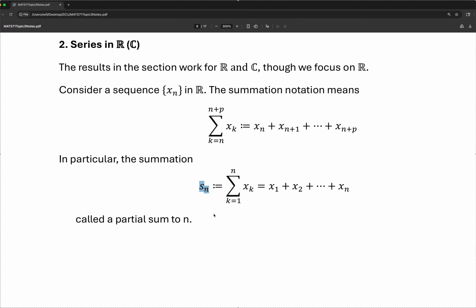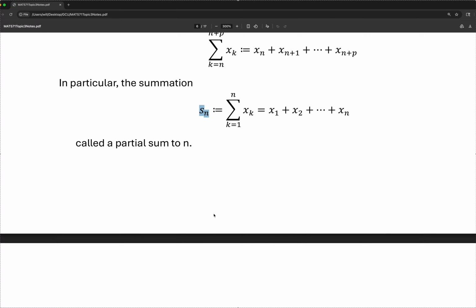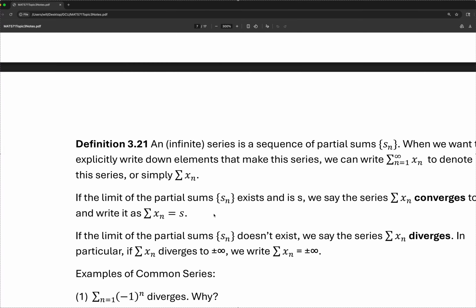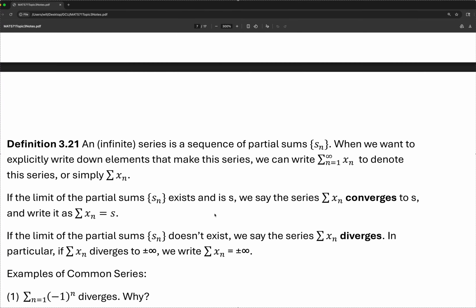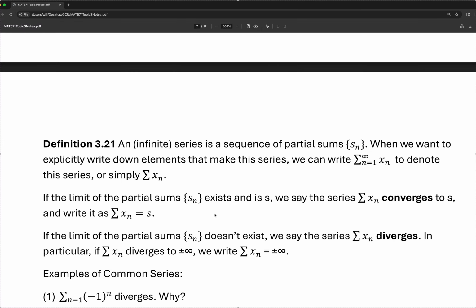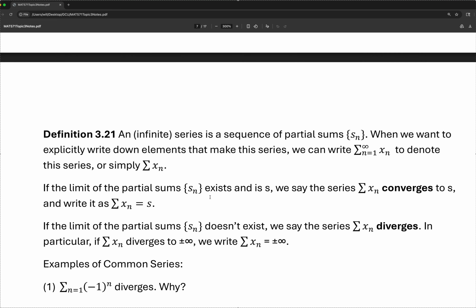Okay, and partial sum notation. Now, after knowing the partial sum notation, we can say precisely what we mean by the convergence or divergence of a series. Keep in mind the terms of partial sums turn out to be a sequence. Like we discussed before, we know how to say precisely whether a sequence converges or not.